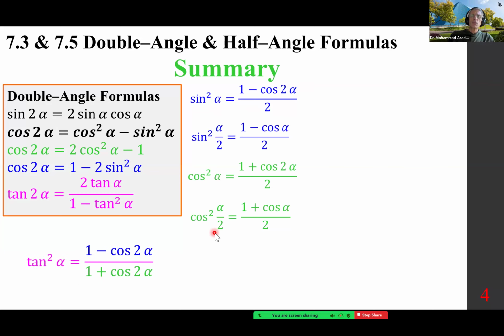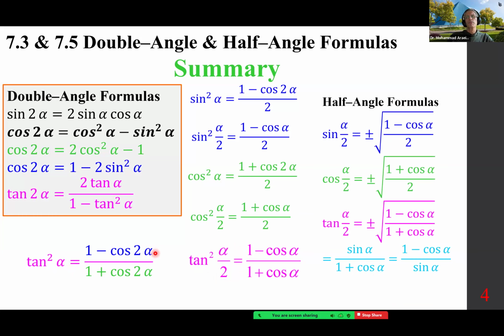Now, tan is sine over cosine, so the ratio of these two. Cut it in half, this becomes alpha over 2, this becomes alpha.